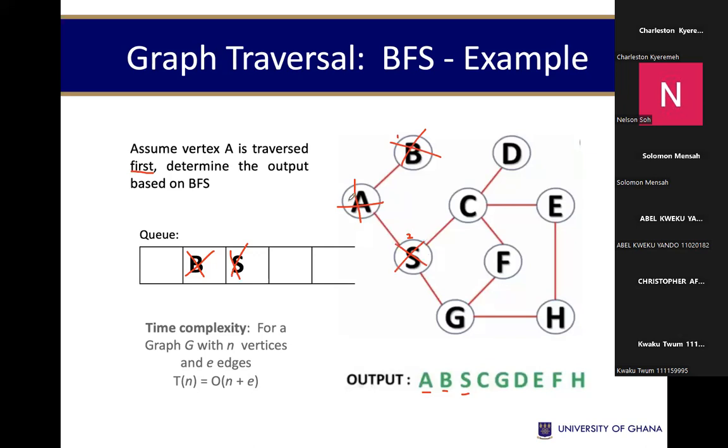S is, of course, adjacent to A, but A is already visited, so I don't waste my time with A. And S is adjacent to C and J. In terms of alphabetical order, C comes first. J now becomes number 4.